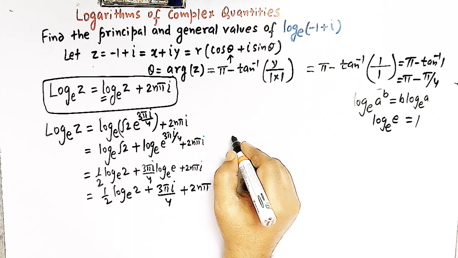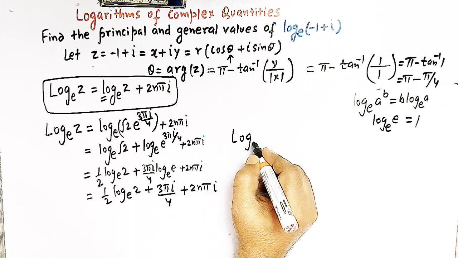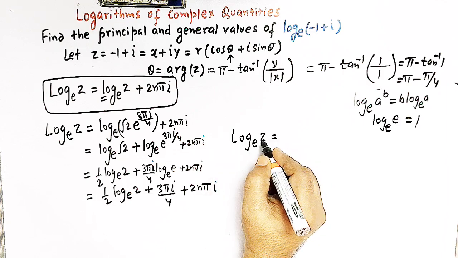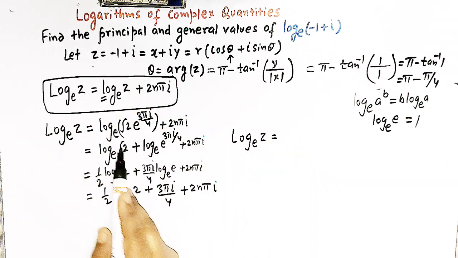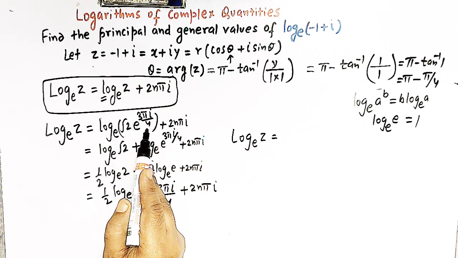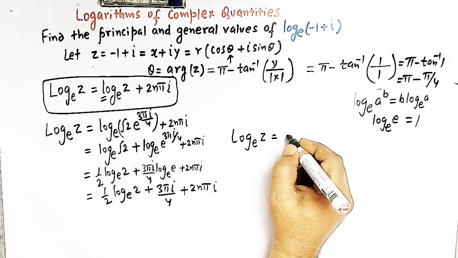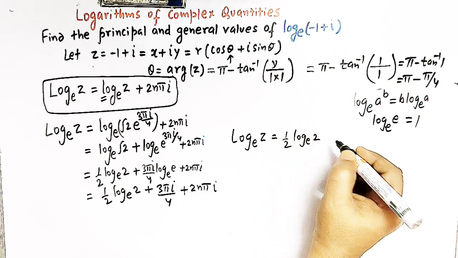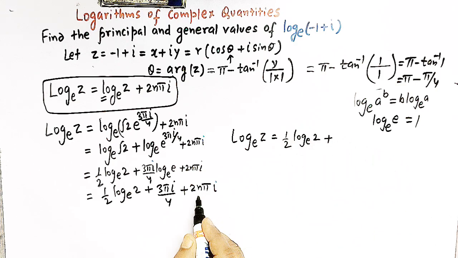So now we can write the general value of the logarithm of z, given by square root of 2 times e raised to 3 pi I over 4, as half log 2, and now here we can take pi I common.